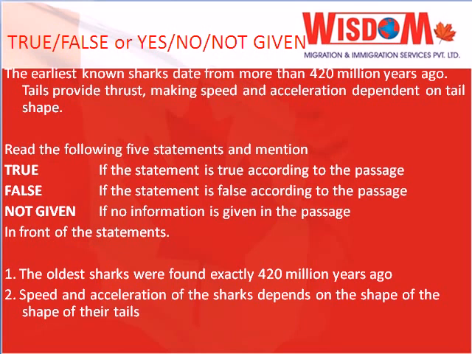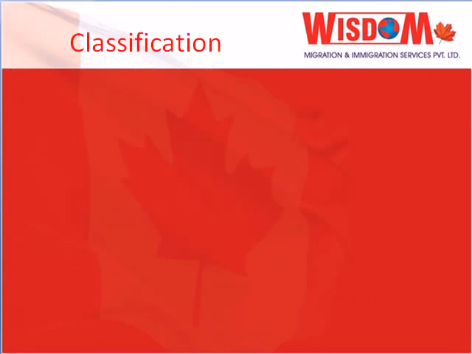So this statement is true. Third, teeth are replaced one at a time in the tiger shark. In the text provided, there is no information given about the tiger shark or the rate of replacement of shark teeth. So clearly the third statement is a not given statement. So in your answer box number 3, you have to write not given.